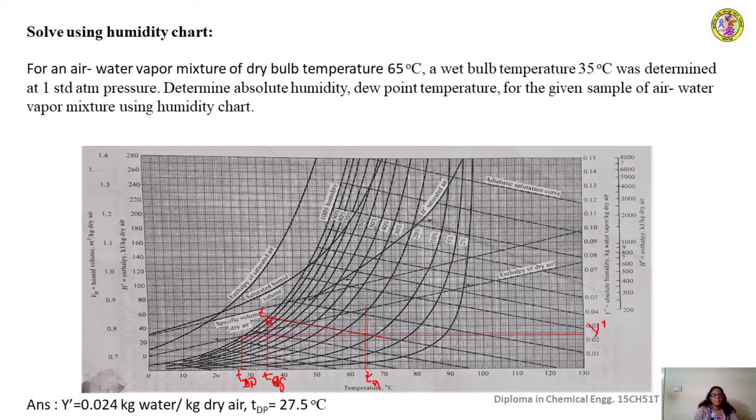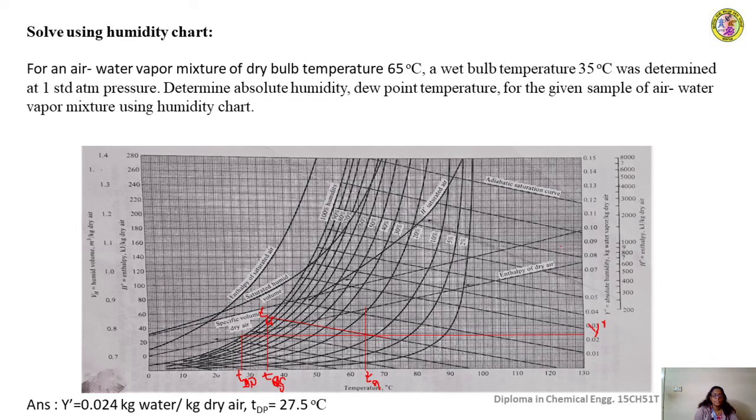This is another simple question where you are given the dry bulb temperature as 65 degrees centigrade and the wet bulb temperature as 35 degrees centigrade. Your job is to determine the absolute humidity of the given sample. Just like in the previous case, here also you're supposed to mark the dry bulb temperature on the x-axis.